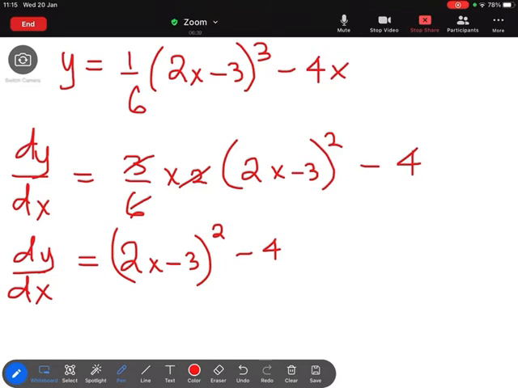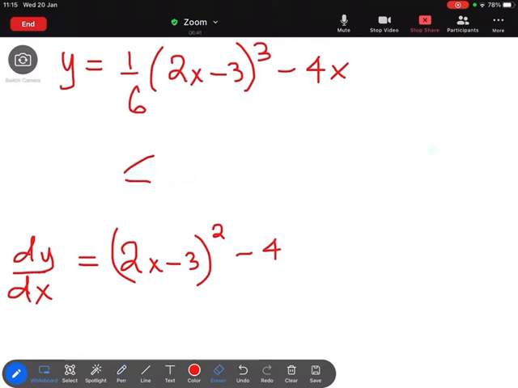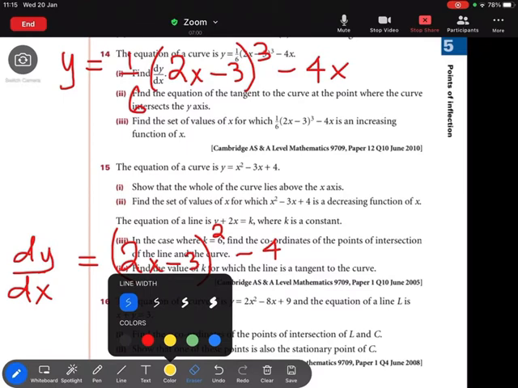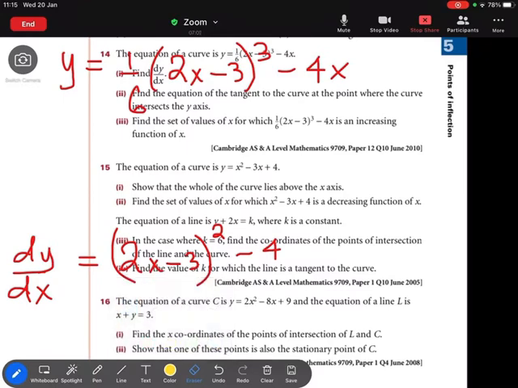Now, after doing so, I would like to clear this with the exception of the dy/dx and the original curve. The question asks, find the equation of the tangent to the curve at the point where the curve intersects the y-axis. So I would like to bring to your attention two things.